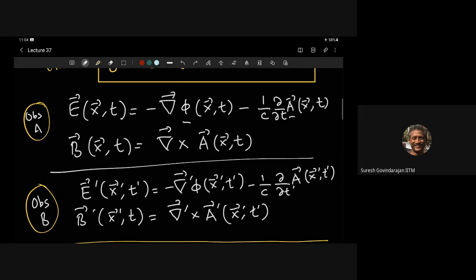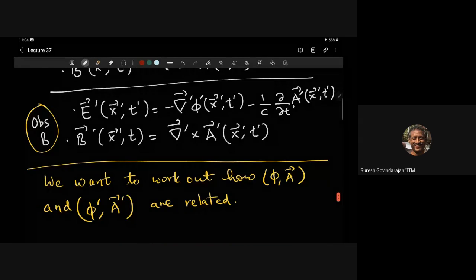We know how E prime and B prime are related to E and B, so the operating question is how phi prime and A prime are related to phi and A. We want to work out how phi and A and phi prime and A prime are related.